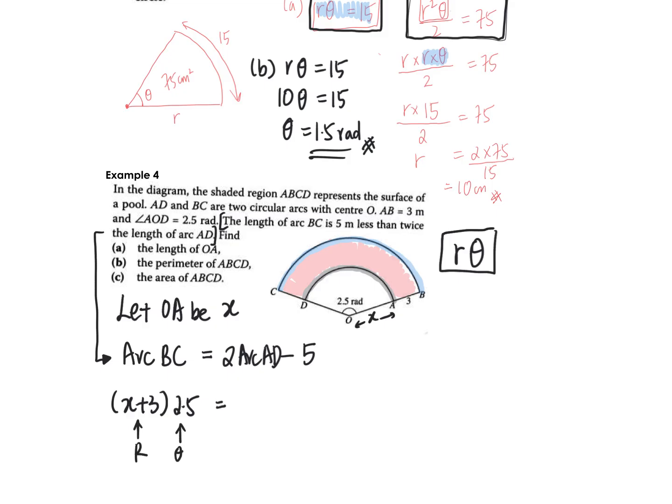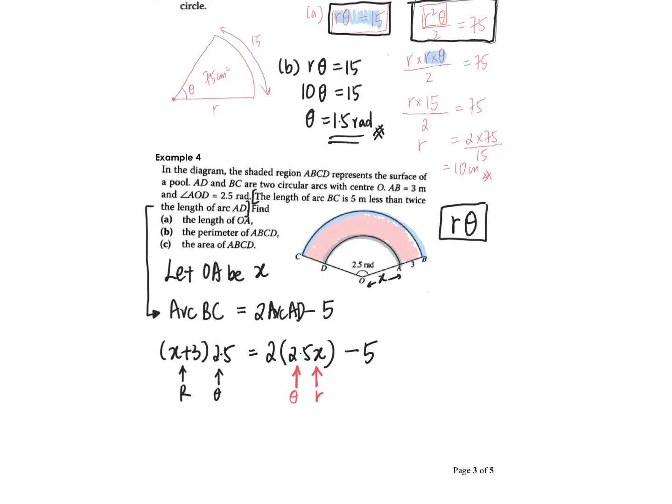Then arc length of AD is the shorter one, which is X only. So 2.5x. This is my small radius, and this is my theta. And then you minus 5 from it.